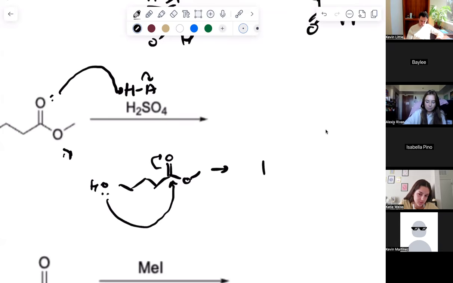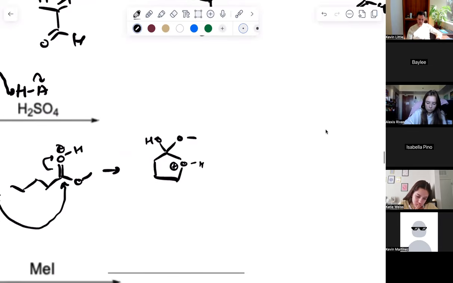It's going to be a 1, 2, 3, 4, 5 membered ring. Since this has a carbon on it, it'll be the better leaving group.